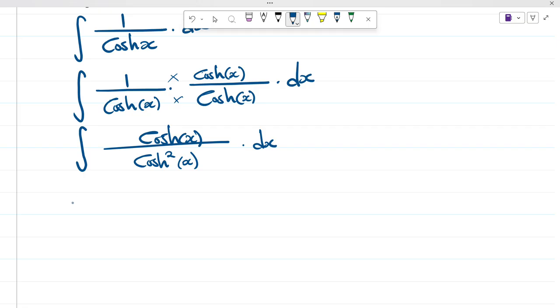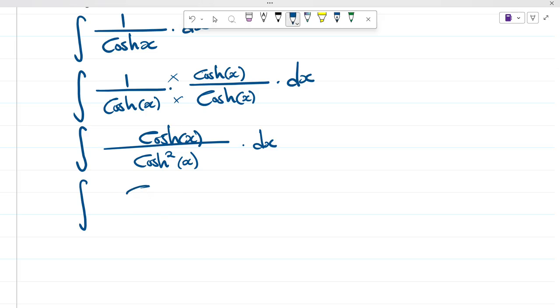So if you make hyperbolic cos of x squared the subject of the formula, you'll realize that it is equivalent to 1 plus hyperbolic sine of x squared, just like that. I hope I'm saying it correctly, but hey, I doubt.